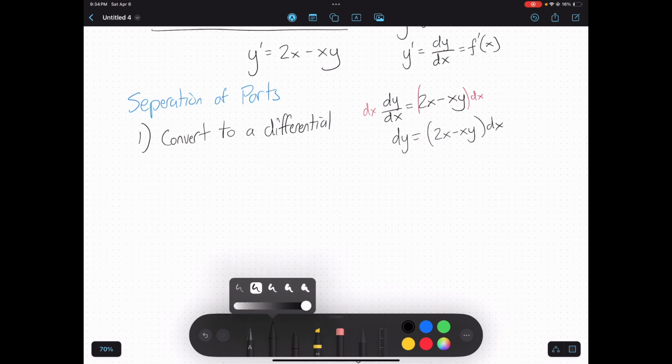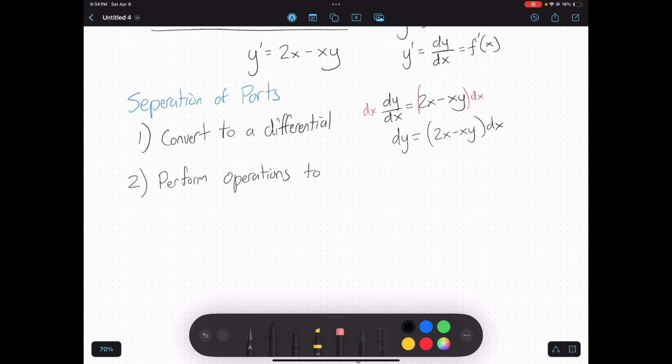And step 2 is where the name of this process comes from. I'm going to perform operations to separate. When I say operations, think multiplication, division, addition, subtraction, whatever you need to do. Perform operations to separate the variables. What do I mean by that?